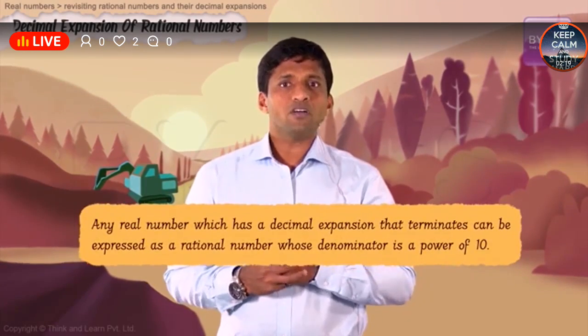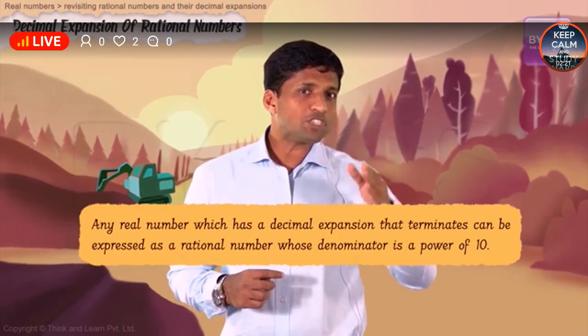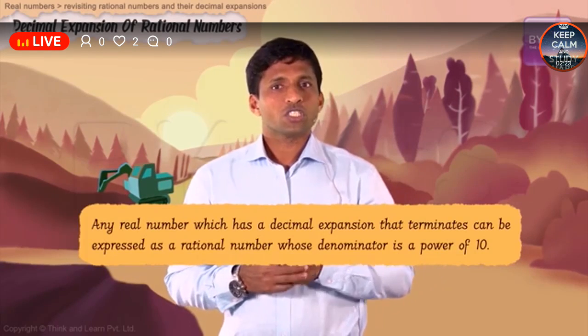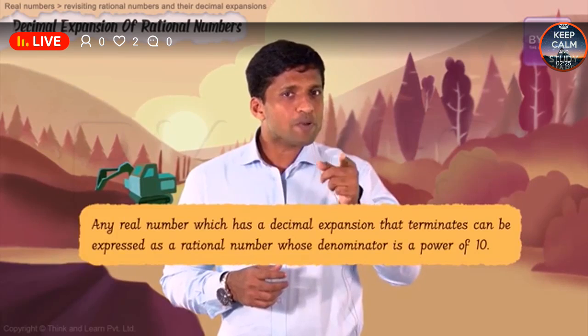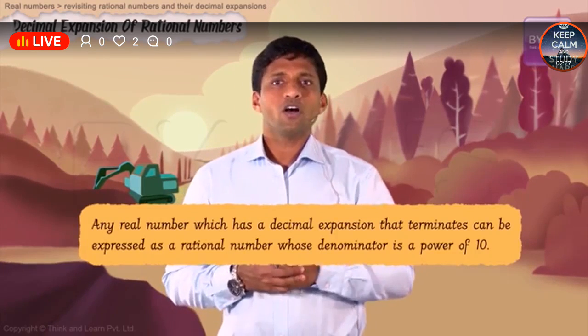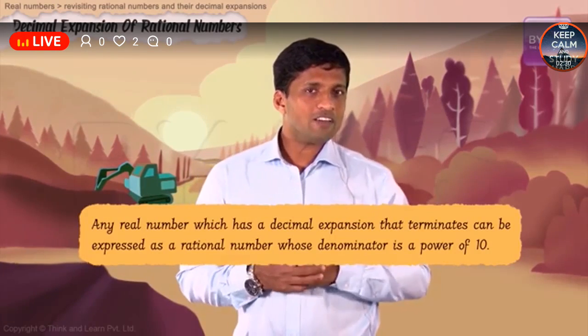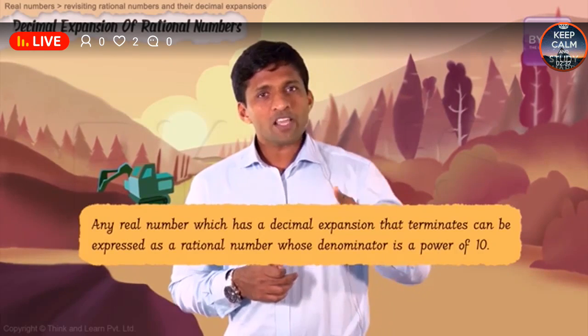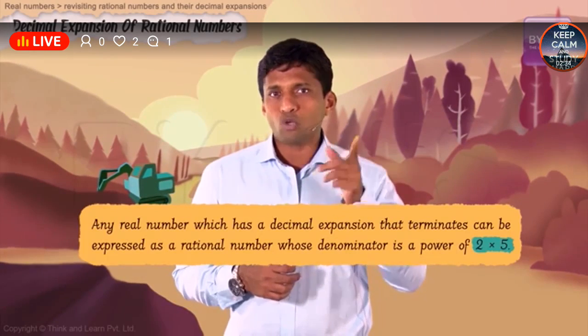So if you look at these examples, what can you understand? Let's discuss that. We can easily see that any real number which has a decimal expansion that terminates can be expressed as a rational number whose denominator is a power of 10. That's what we did. The only prime factors of 10 are 2 and 5.